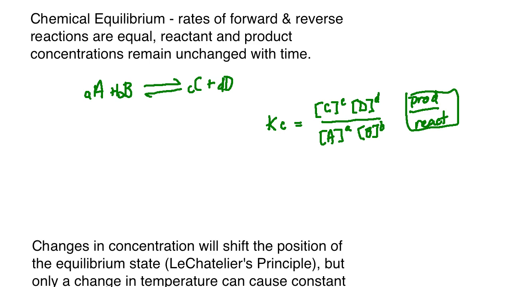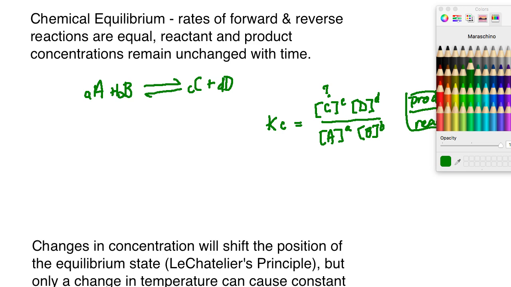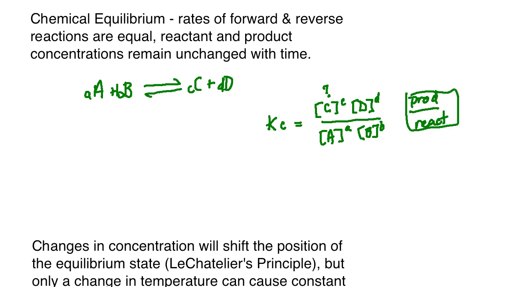Now, this is obviously a general example. We would need to know the specifics of what are A, B, C, and D. However, one of the things that we need to first determine before we even start plugging in individual reactants or products is what is the unit that we are using up here. The unit that we end up using is typically going to be molarity.